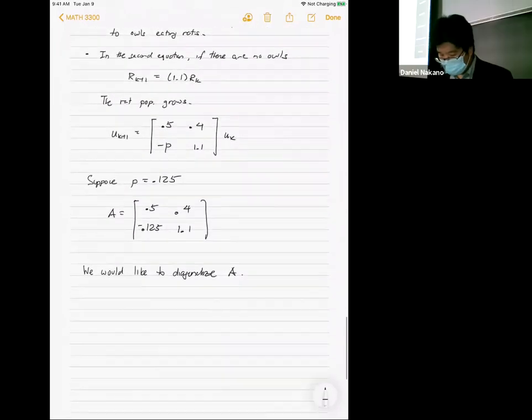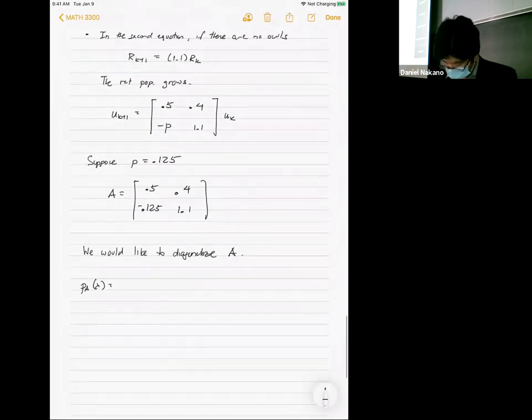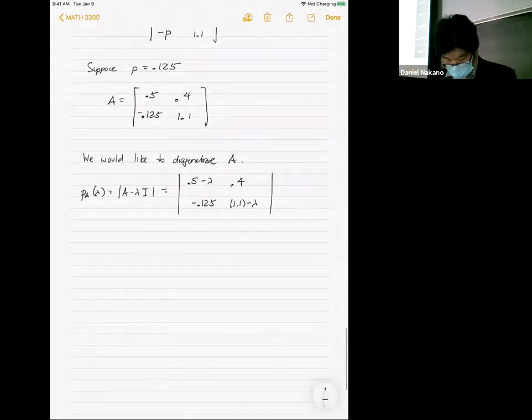Okay, so to find the eigenvalues, we have to write out the characteristic polynomial. So the determinant of A minus lambda I. So that's 0.5 minus lambda, 0.4, minus 0.125, and 1.1 minus lambda. When you write all this out, I'll just write out certain steps.